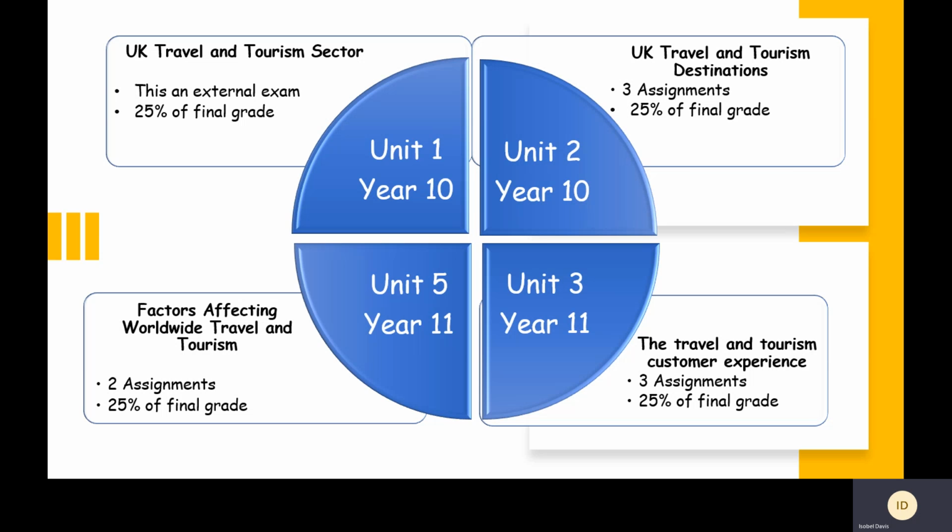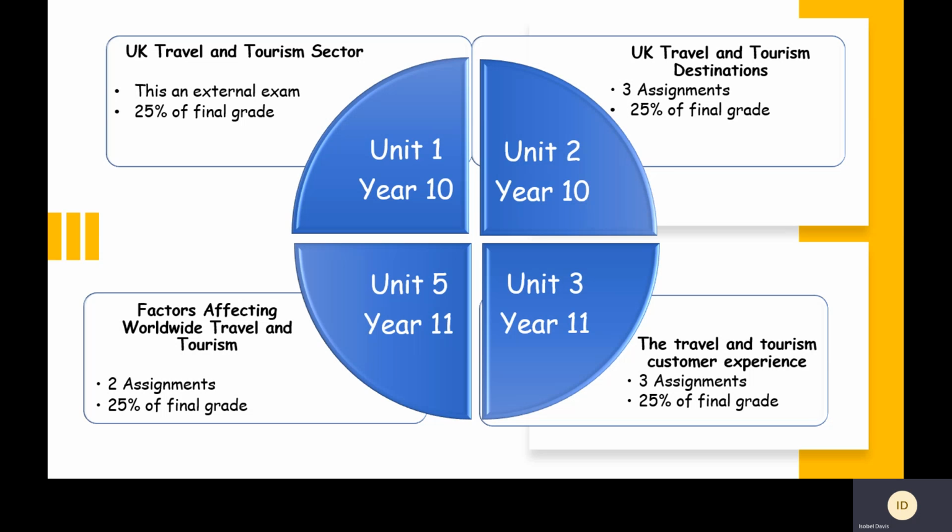And then you've got Unit 5 and Unit 3, which form part of Year 11 study. The first one we look at in Year 11 is Unit 5, which is factors affecting worldwide travel and tourism. So some really useful links between geography that you will study during Key Stage 3, things like tectonic hazards, volcanoes and earthquakes, and weather and climate as well.